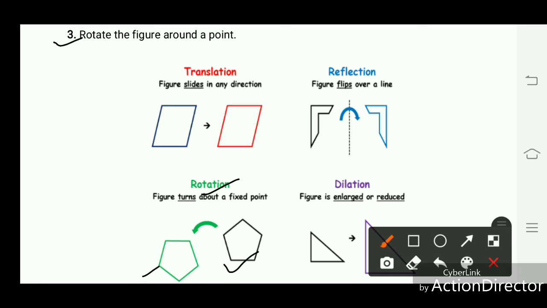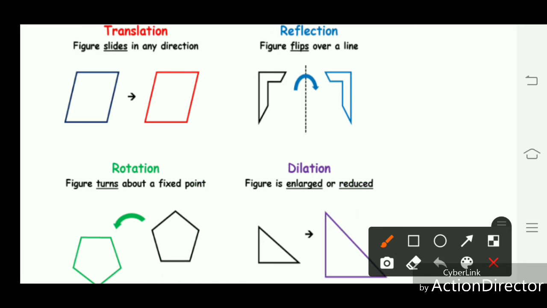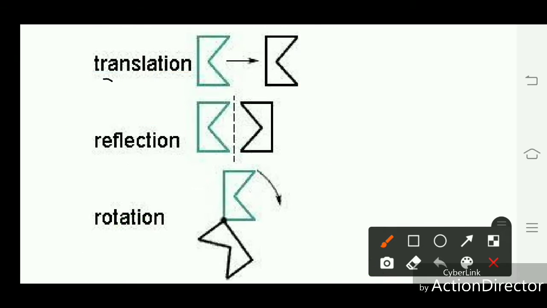So this figure turns about a fixed point. So this way is known as rotation. Next way, dilation. The figure is enlarged or reduced. The figures are showing translation, reflection and rotation.